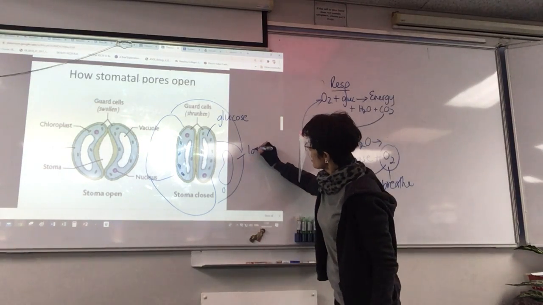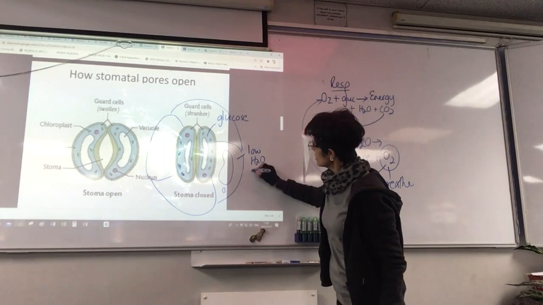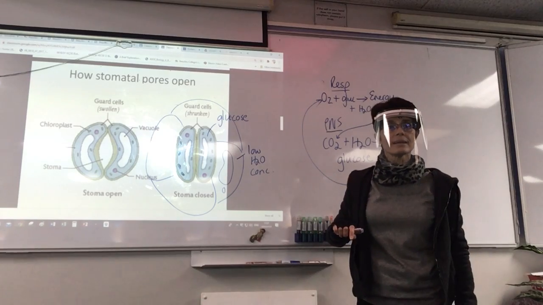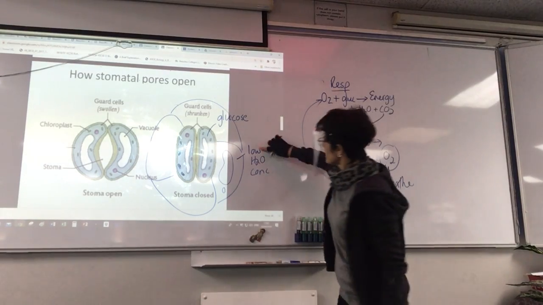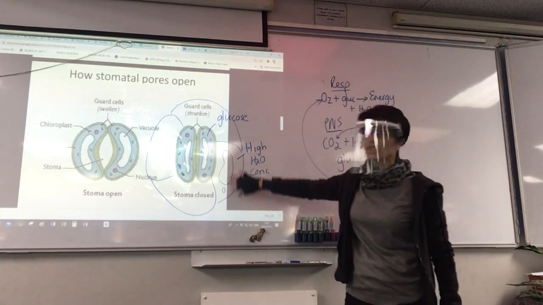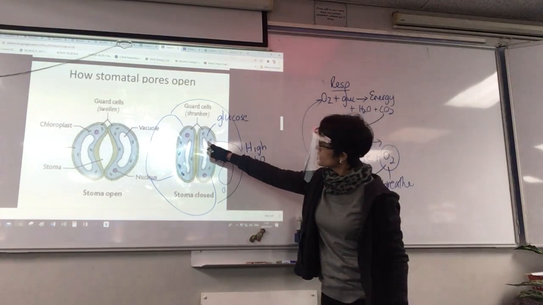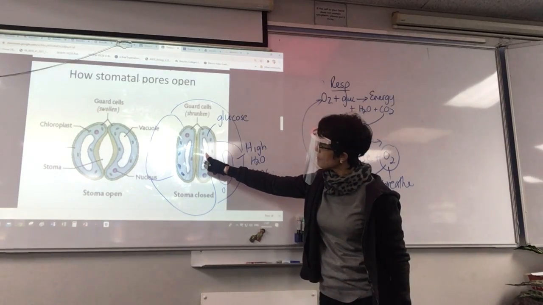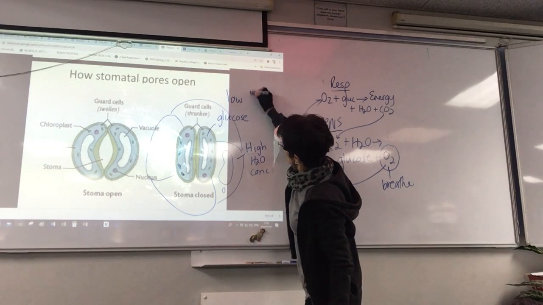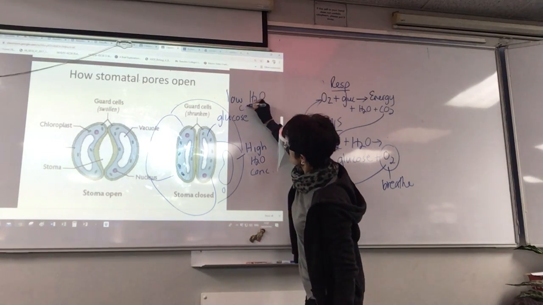So the normal epidermal cell has a high water concentration, and the guard cell, because there are sugars, has a low water concentration in the cell sap in the vacuole. Can you see why we do osmosis?